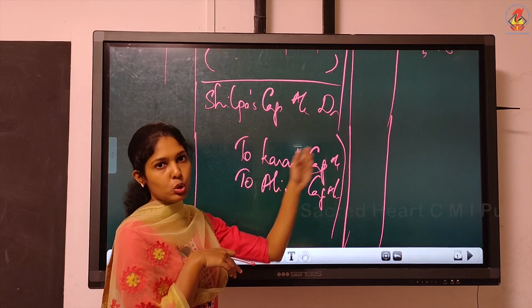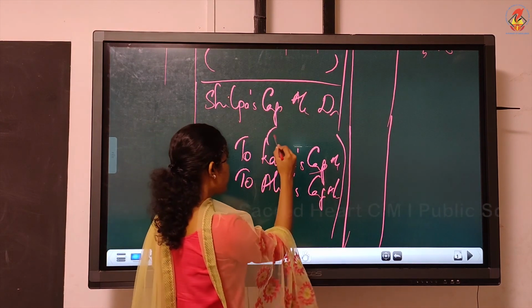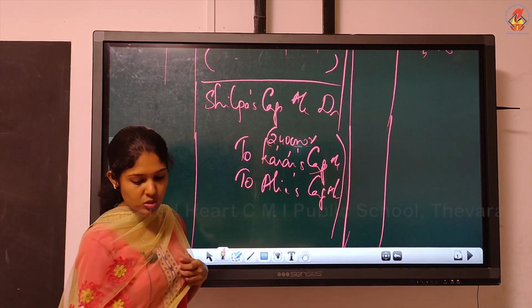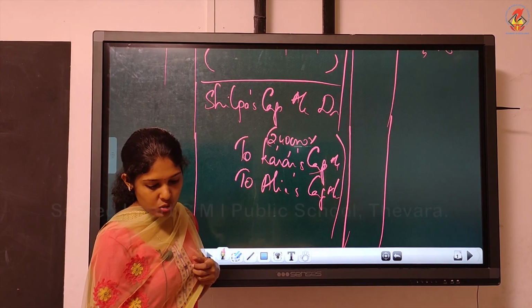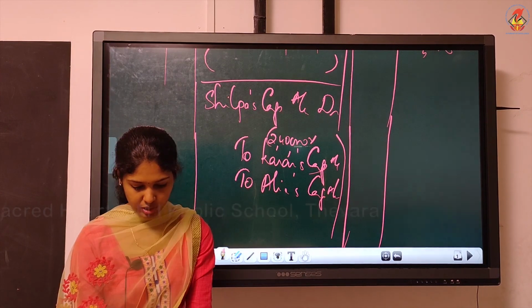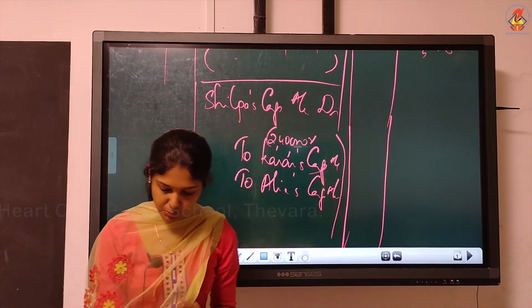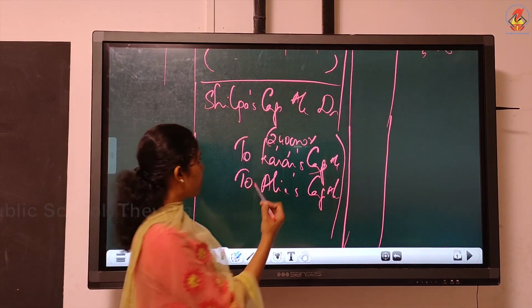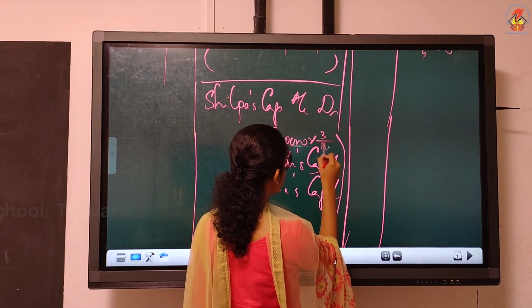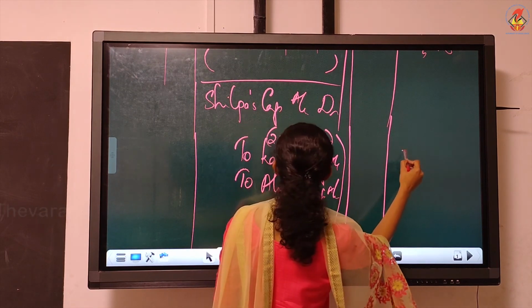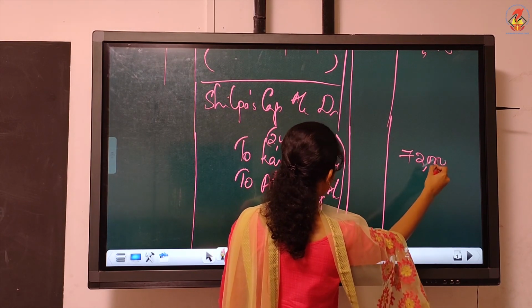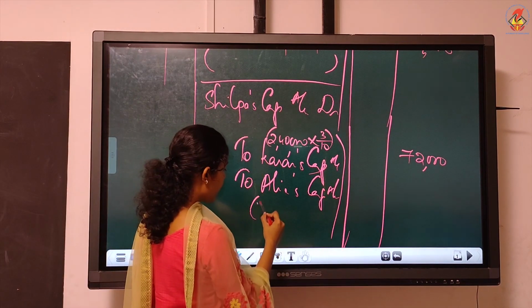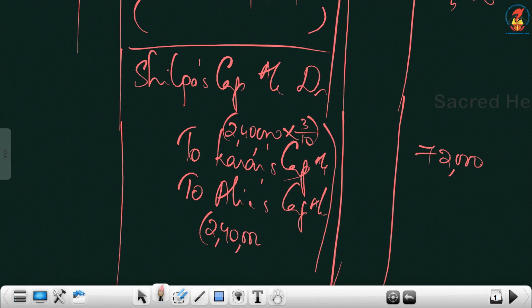Only that will be given to the retiring partner. So out of 2,40,000, Karan's share will be in his old ratio. What is his proportion? His proportion is 3 by 10. So 2,40,000 into 3 by 10 you have to do. That is 72,000, Karan's share. Then Alia, why are we crediting Alia?